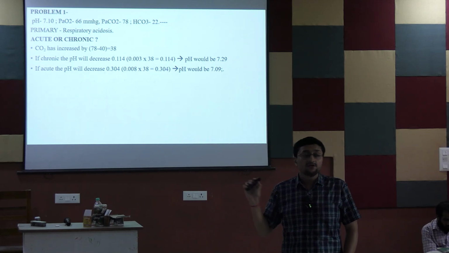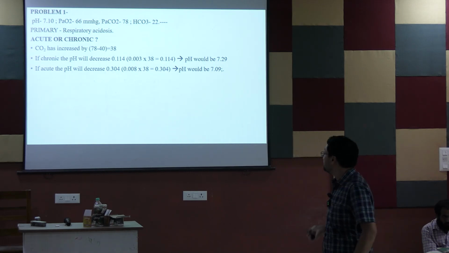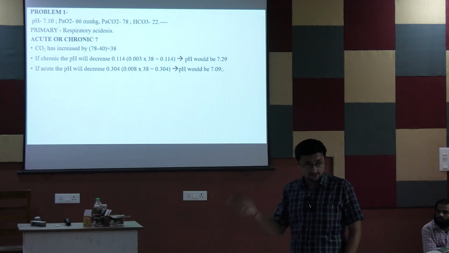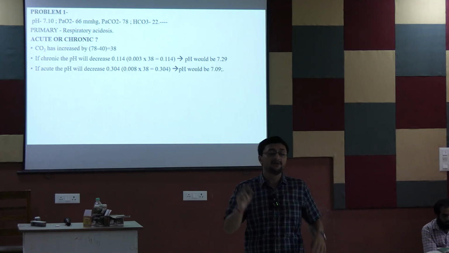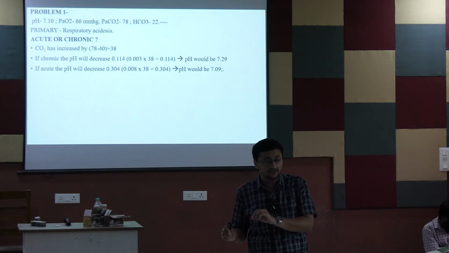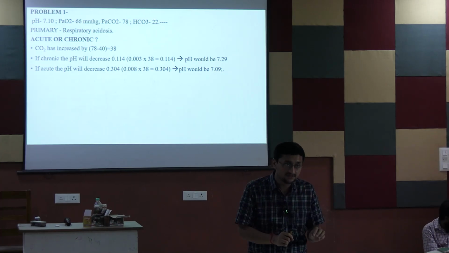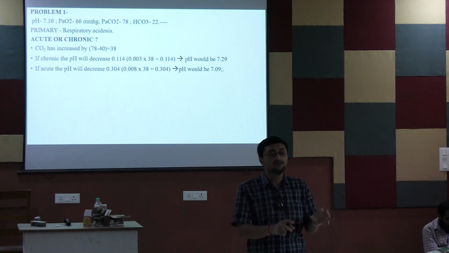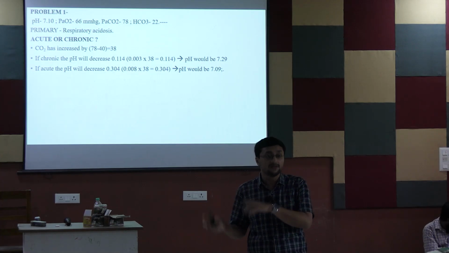Clear এখান থেকে? So if this is a chronic acidosis, then the pH will be nearer about 7.29 to 7.3, and if this is an acute respiratory acidosis, the pH will be around 7.0 to 7.1.